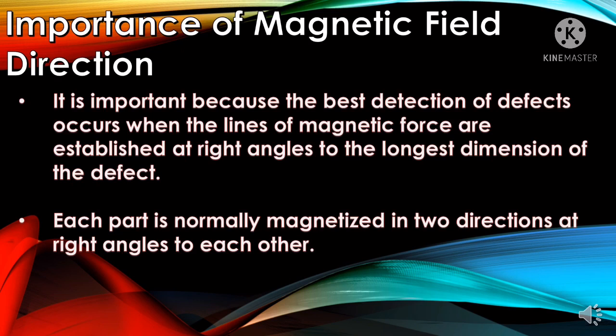Being able to magnetize the part in two directions is important because the best detection of defects occurs when the lines of magnetic force are established at right angles to the longest dimension of the defect. This orientation creates the largest disruption of the magnetic field within the part and the greatest flux leakage at the surface of the part.